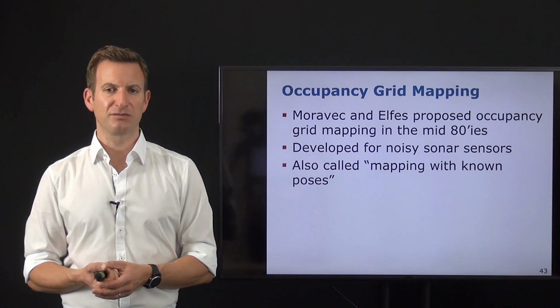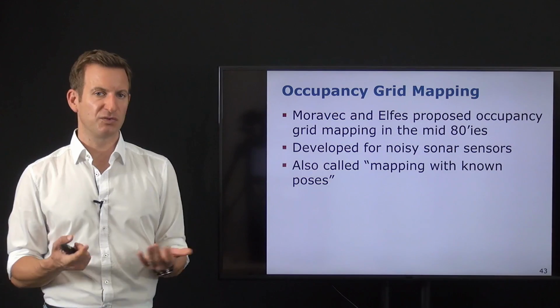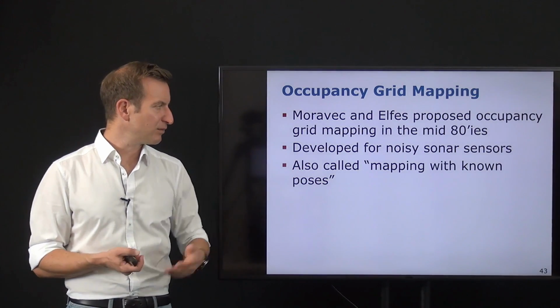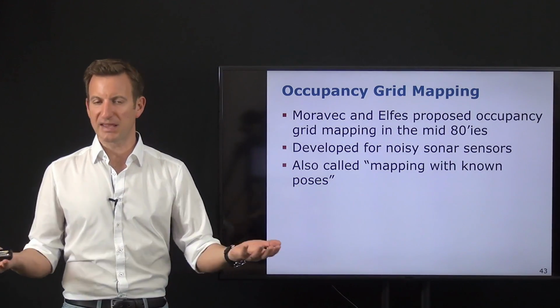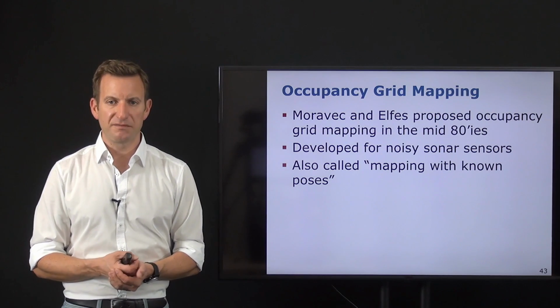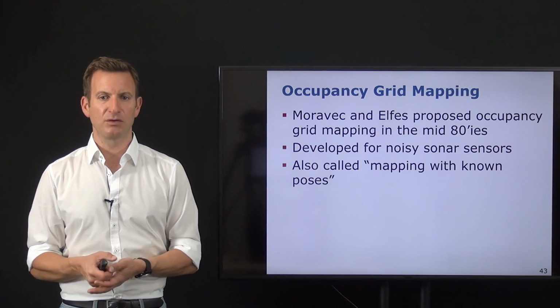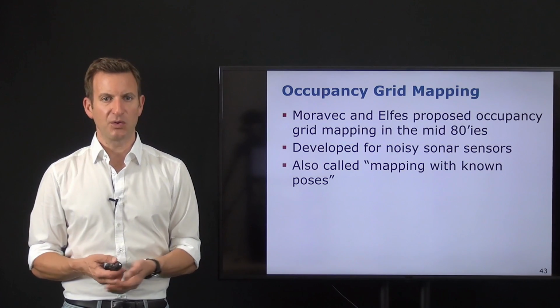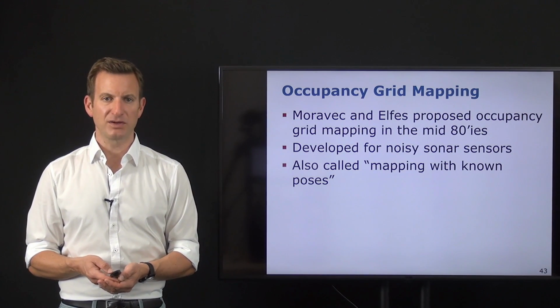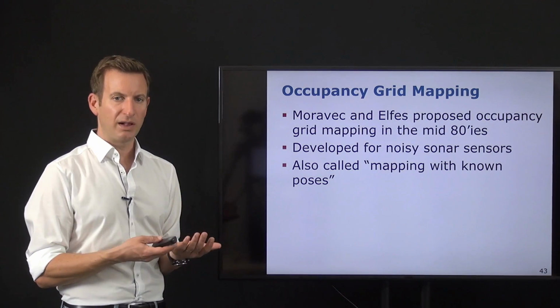Therefore it's also often referred to as mapping with known poses, because it was one of the first algorithms breaking up the space into occupied and free areas given known pose information, but with a probabilistic way of integrating sensor information. So this was the core algorithm per se.